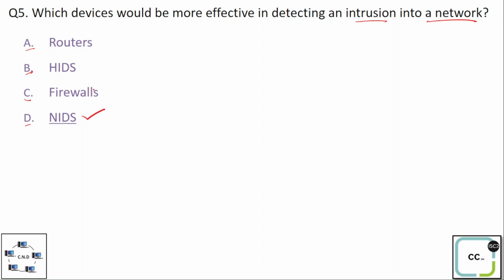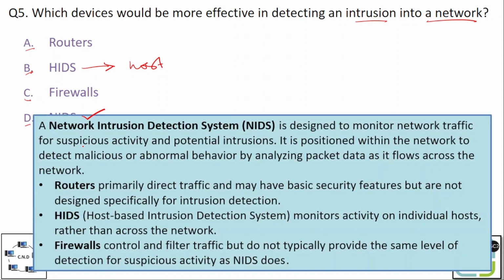HIDS is also an intrusion detection system, but it is more specialized toward a specific host. Here we are talking about intrusion inside a network. That's why NIDS, or network-based intrusion detection system, is the correct answer.